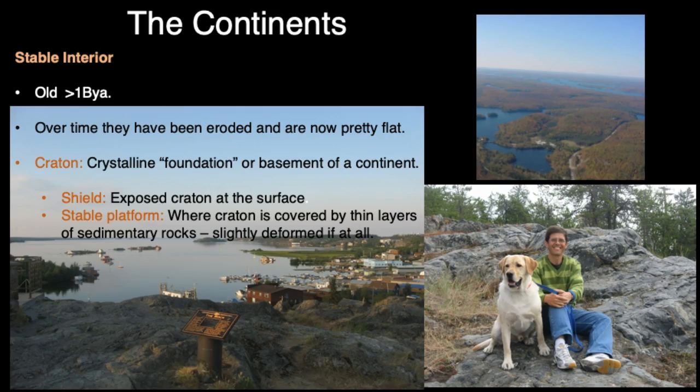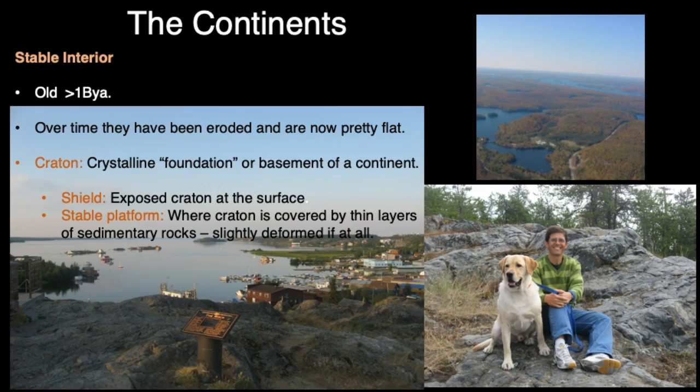Okay, so sometimes old meaning 1 billion years or more. So over time, these rocks have been eroded and now they sit pretty flat, but at some point in Earth's history, they may have been part of some sort of mountain building episode.